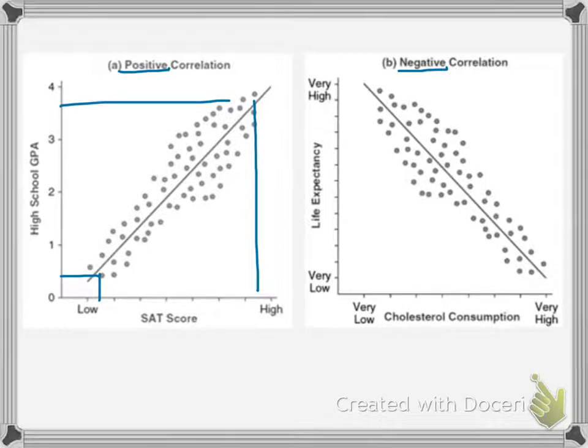So for example, when you have high cholesterol, your life expectancy is very low. That means you're not going to live very long. It also says when you have low cholesterol, your life expectancy is very high, which means the lower your cholesterol, the higher you live, or the longer you live. So this is an example of where the X and the Y, they move in different directions.